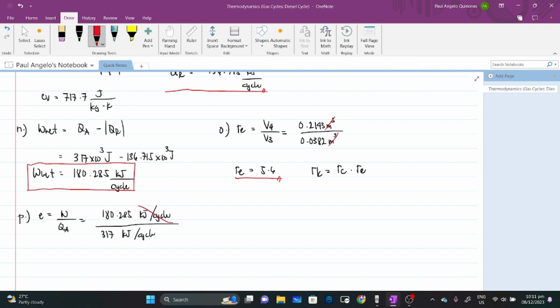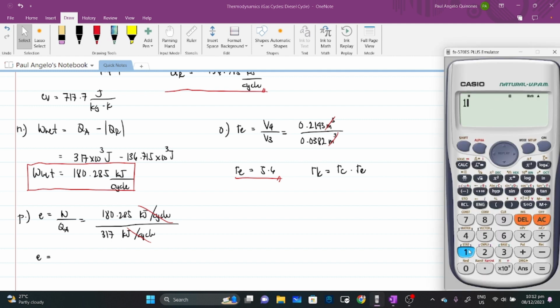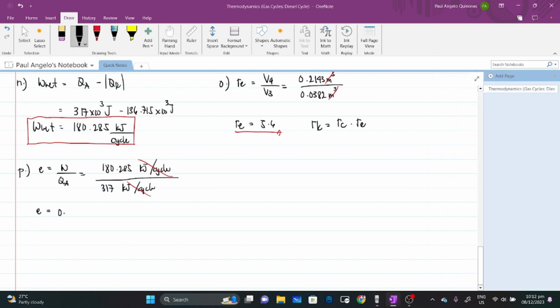As you can see, kilojoule per cycle will cancel out, leaving us with the efficiency equal to 180.285 divided by 317. So that is 0.5687, or approximately 56.8%.